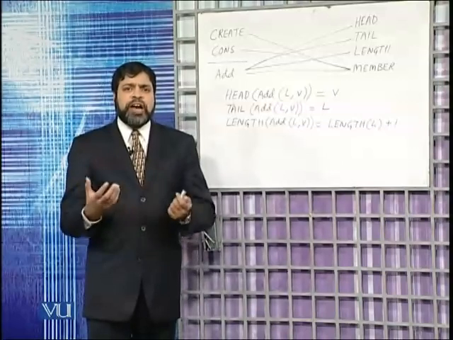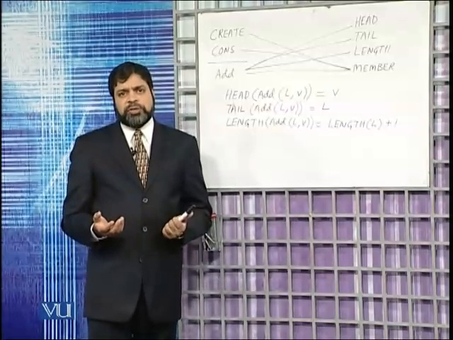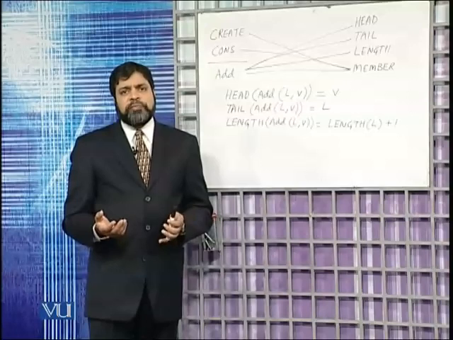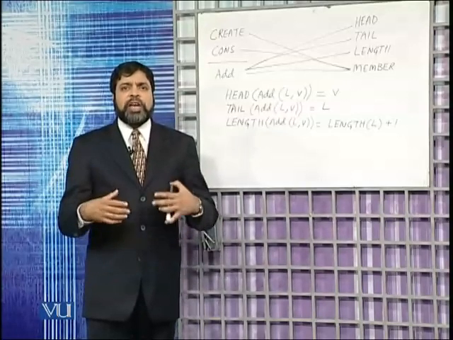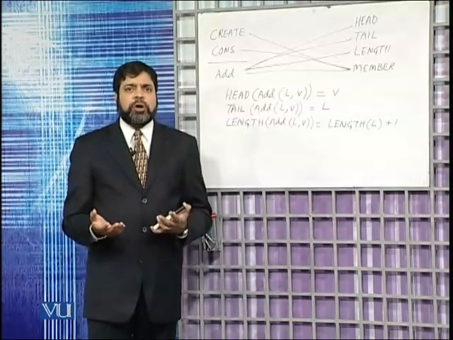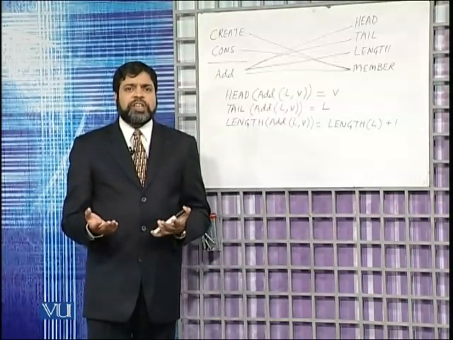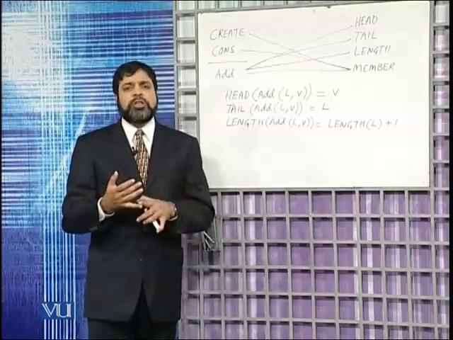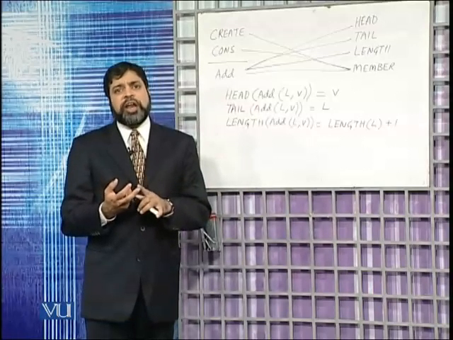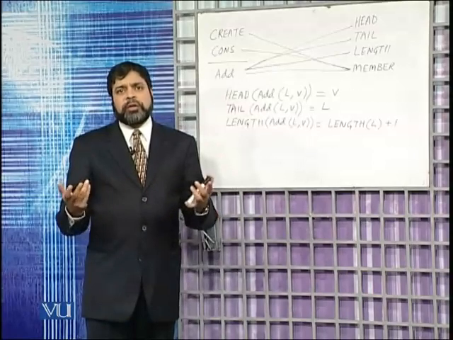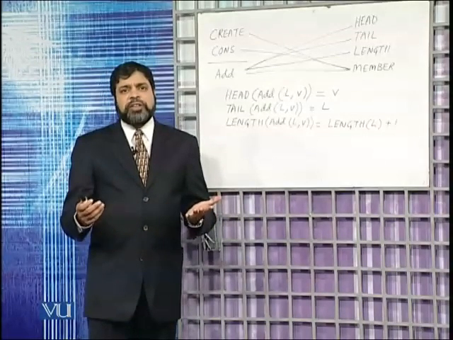Now we have to write the axioms for the member function. This member, we say, okay, what we want to do is we want to find whether a particular element is a member of the list or not. So once again, we have to write 3 axioms for the 3 constructors, that is create, cons, and add, and we will find the answer.